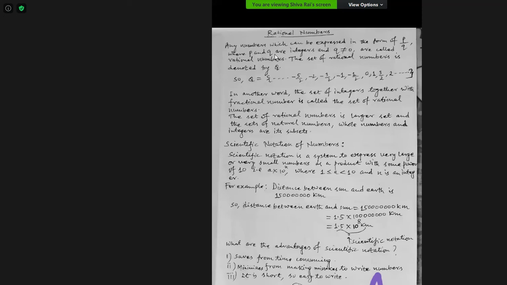It means the set of natural numbers, set of whole numbers, set of integers, all of them exist in the rational numbers. So rational number is a larger set. Why larger set? In this set, natural numbers, whole numbers, and integers exist.